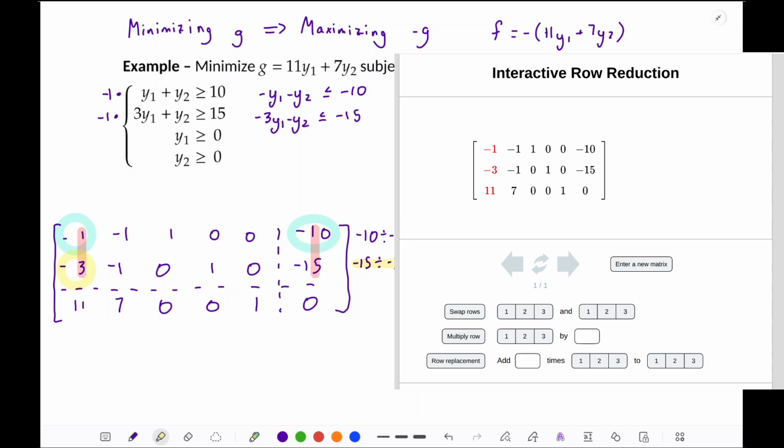Make sure I got them correctly. Yep, looks like I typed it correctly. So now I'm going to go negative 1/3, row 2, replace row 2. So negative 1/3 times row 2, replace row 2.